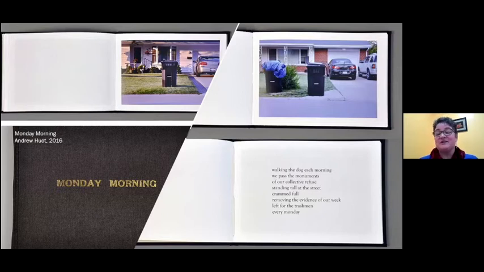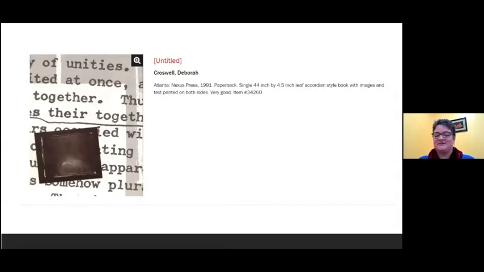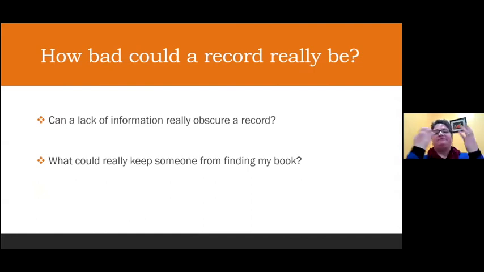Because if I say it's an artist book about trash and houses, it's probably not going to see the light of day too often. So it's a conundrum, right? We have to work and think about this. So how bad could it be, right? Can a lack of information really make it hard to find something?